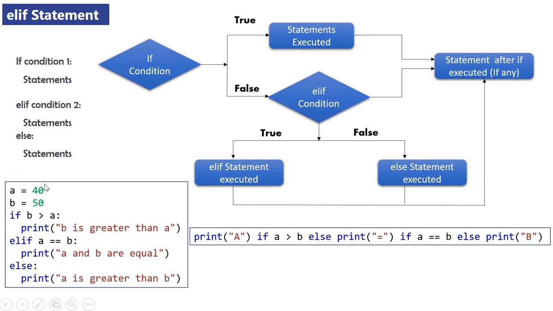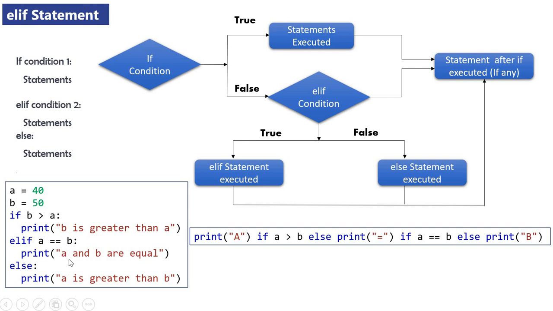Okay, let's see the example. A is 40 and B is 50, and we are checking the condition. The first condition is if B is greater than A, then print B is greater than A. The elif contains A equals B, meaning it checks whether the values of A and B are the same, right?